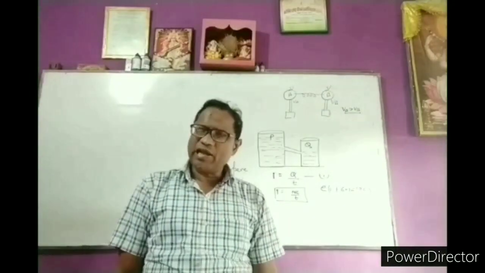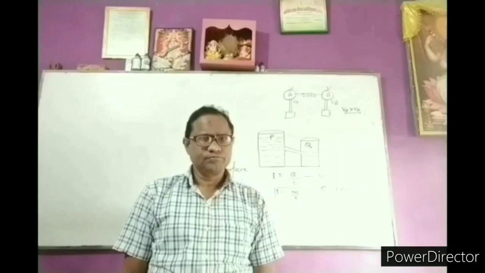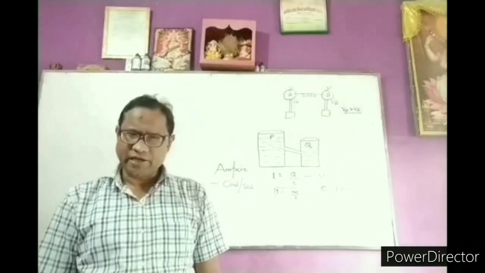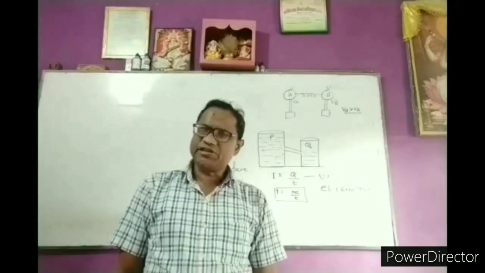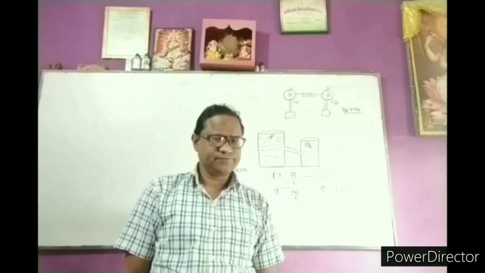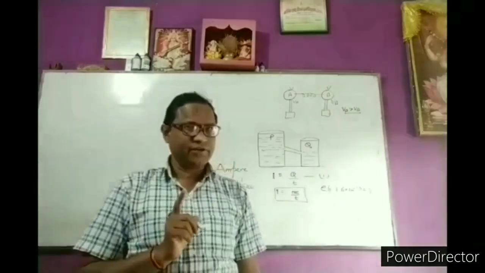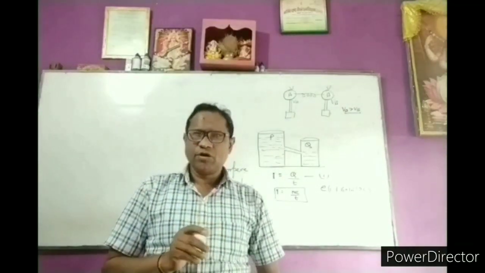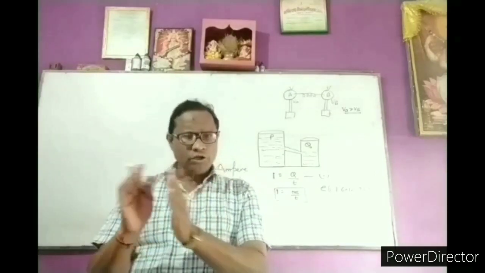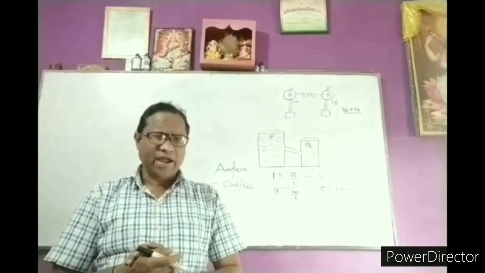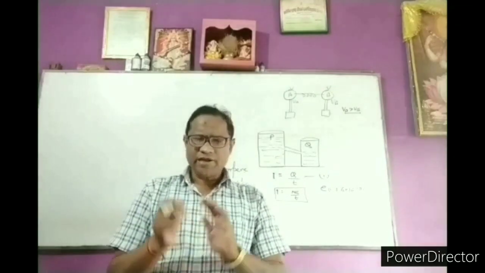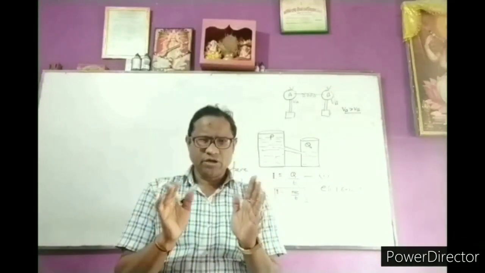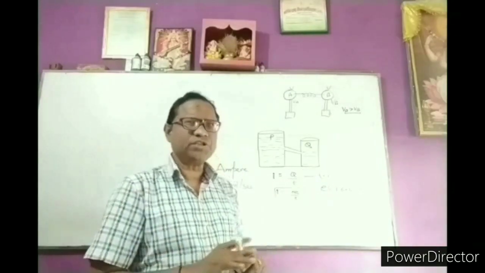Types of electric current. There are 3 types of electric current. First, steady direct current. An electric current is said to be steady or constant or regular direct current if its magnitude and direction don't change with time.